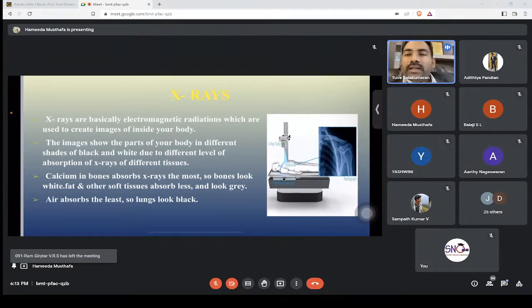The fat and other soft tissues absorb fewer X-rays, and the X-rays can penetrate more, so they look gray in color. Air absorbs the least, so wherever air is present, it will be black in color. You are seeing a picture of how they are taking an X-ray, and you are seeing an X-ray of the left shoulder joint.